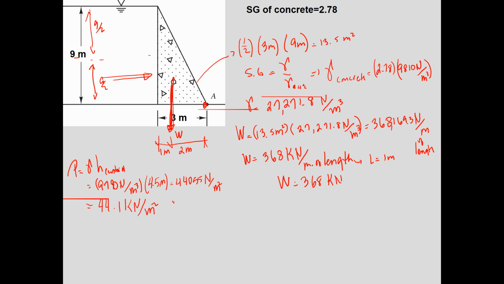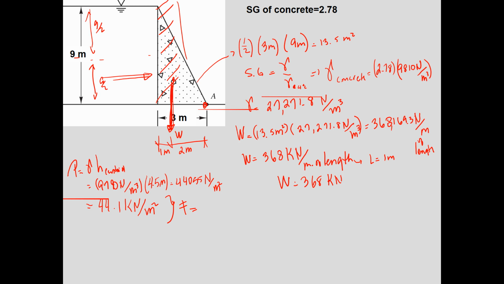Now this is the pressure, but not the force, and so the force would be that pressure multiplied by the cross-sectional area, and we'll assume 1 meter of length.